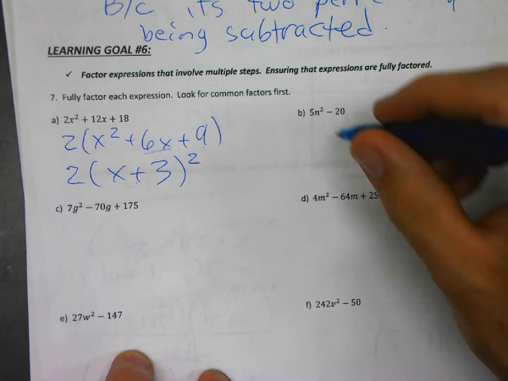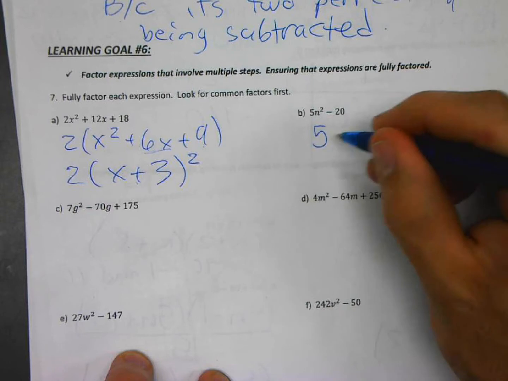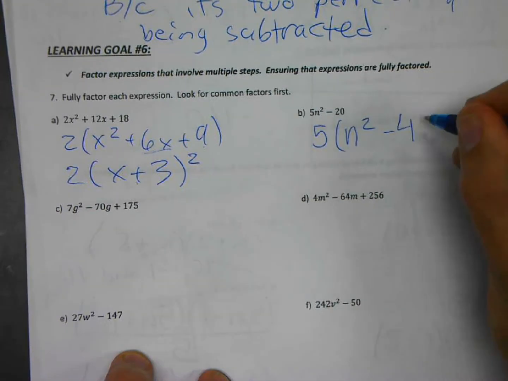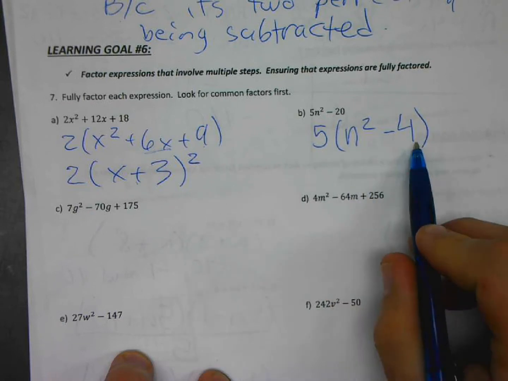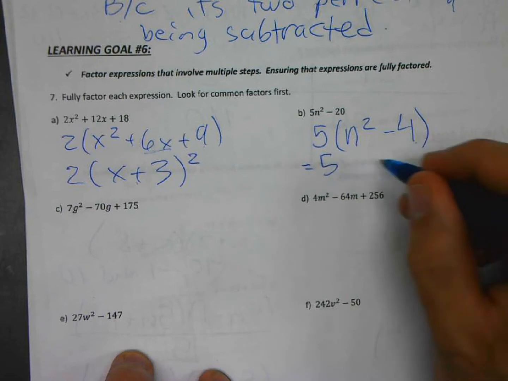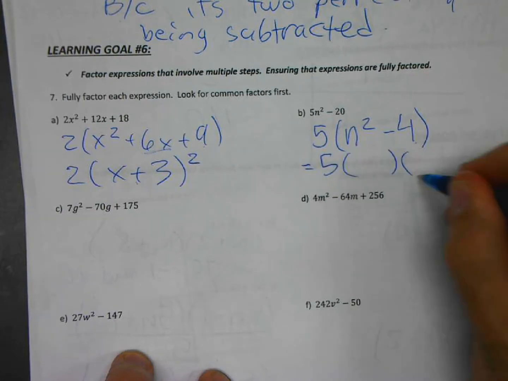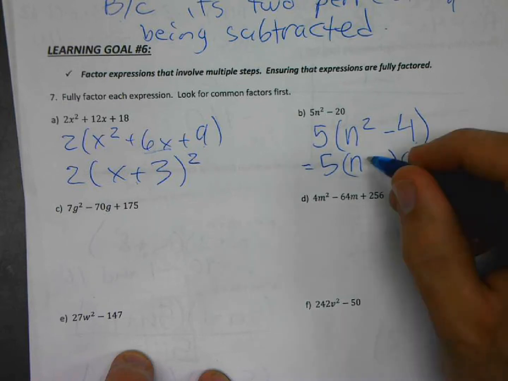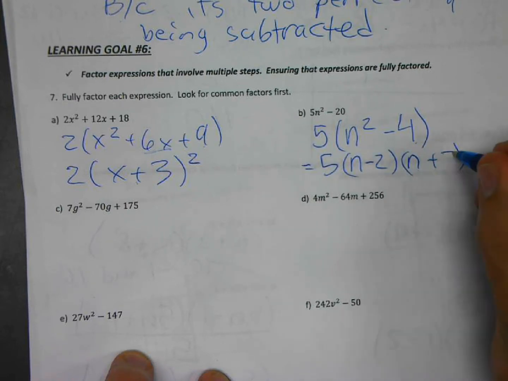Okay? This one here, we're going to write down the 5. N squared minus 4. N squared minus 4, that's a difference of squares again. So I'm going to copy the 5. I'm going to put 2 brackets because I've identified it's a difference of squares. N goes here, minus 2, plus 2.